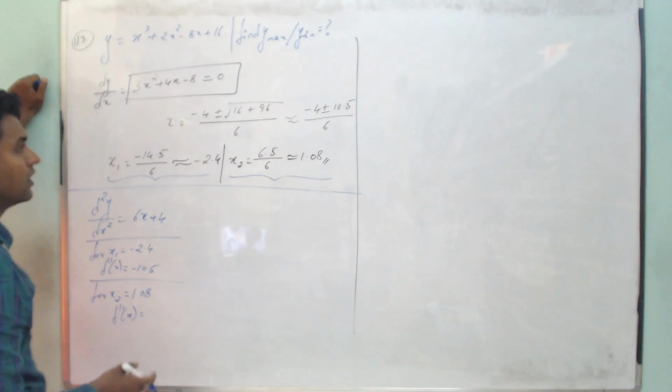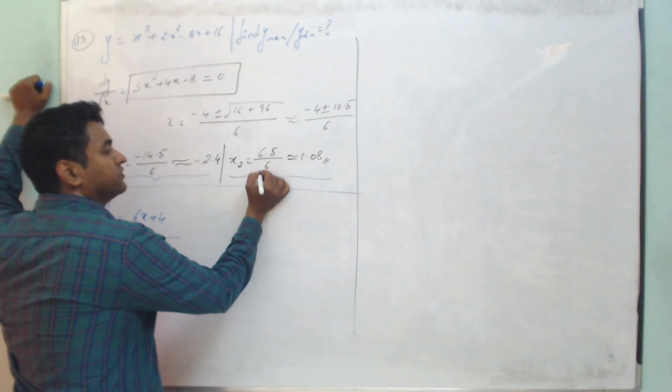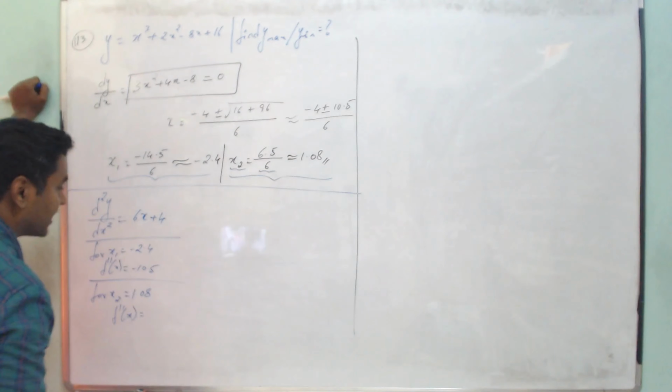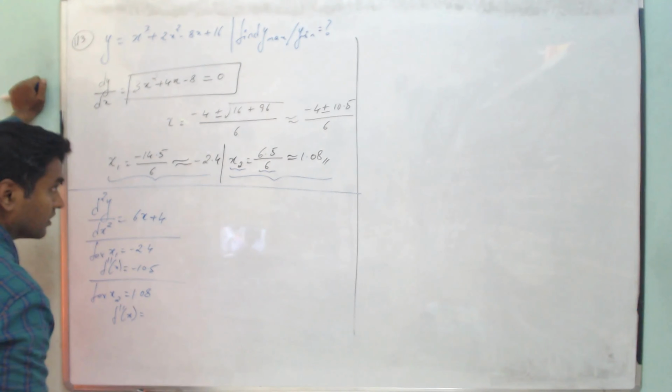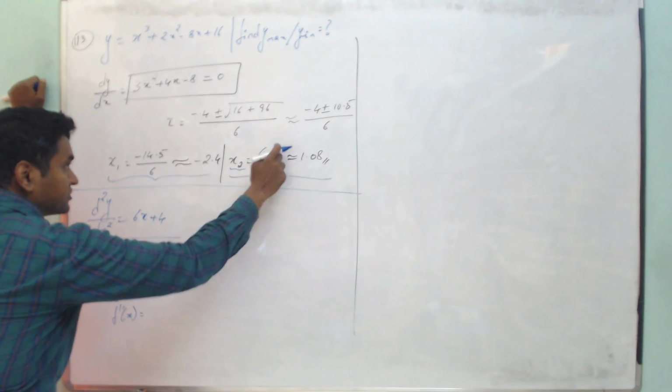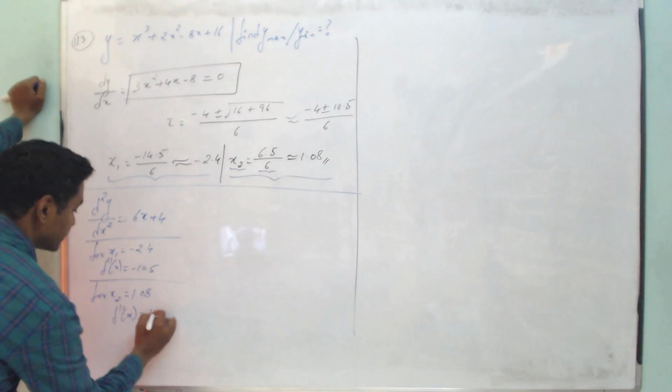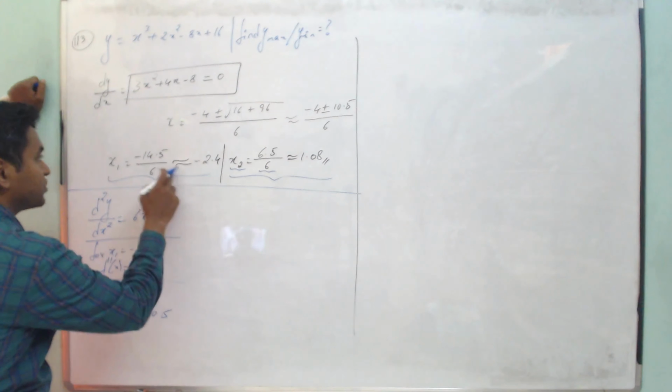The values are coming approximately the same. 6 into 1.08 itself is 6.5, which we originally had. I thought you did the first one the same way.